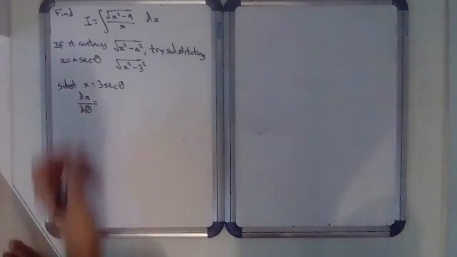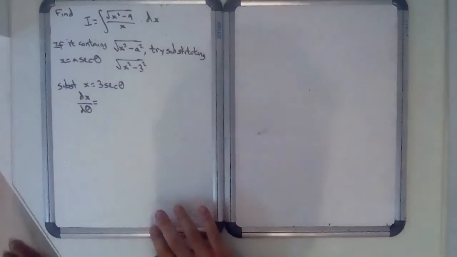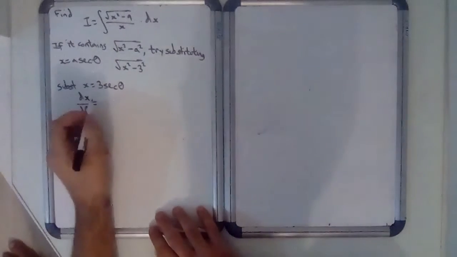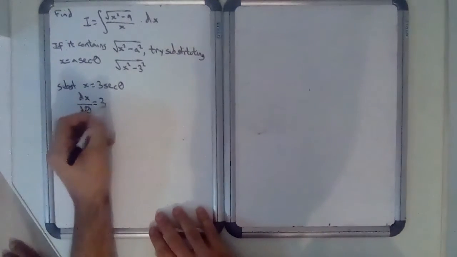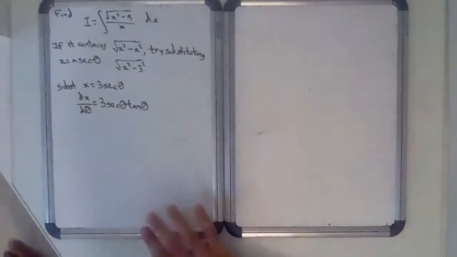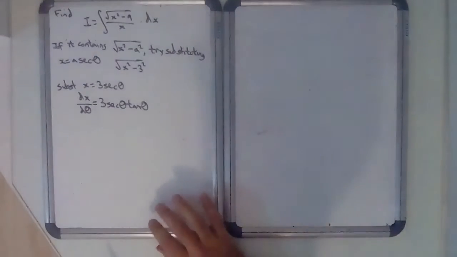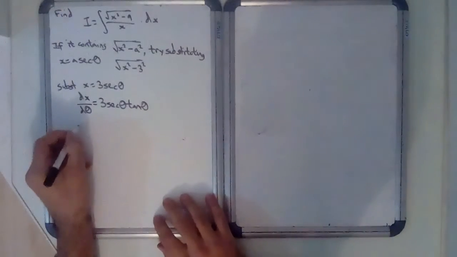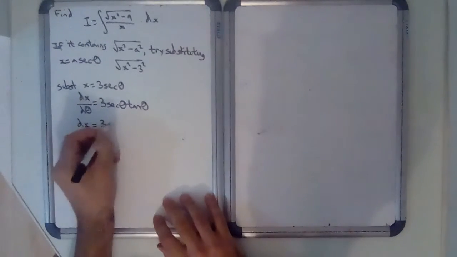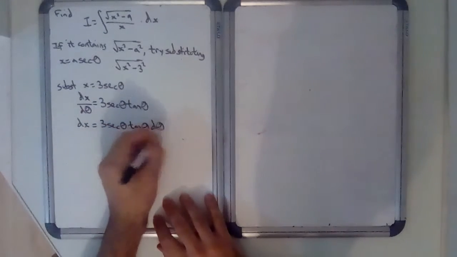So the derivative of 3 sec theta is 3 sec theta tan theta. We don't need to prove this, we're just using standard derivatives written in the formula book. It's not a difficult one to prove, but there's no need to do it right now. So dx equals 3 sec theta tan theta d theta.